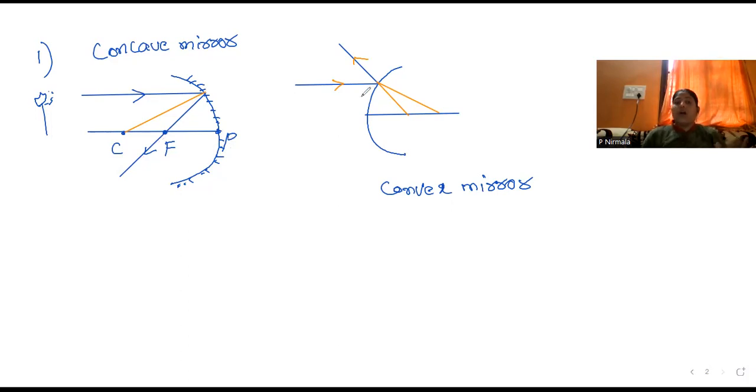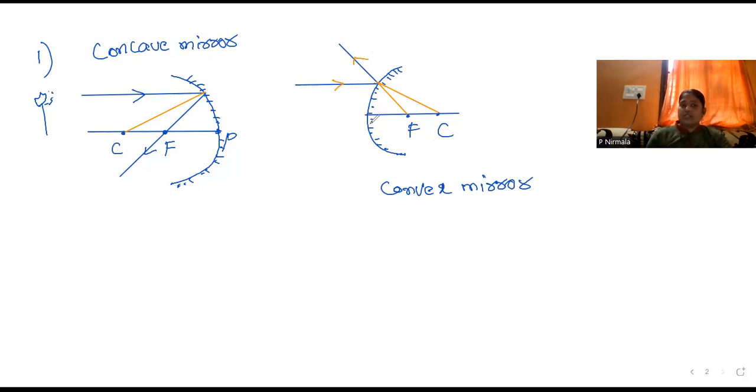You understood this. Next, this one is a convex mirror. In the convex mirror also the light is incident here, and on the other side it reflects through the focus. We can't see what is happening at the back of the mirror. We can only observe the incident and reflected rays. This is the first case.